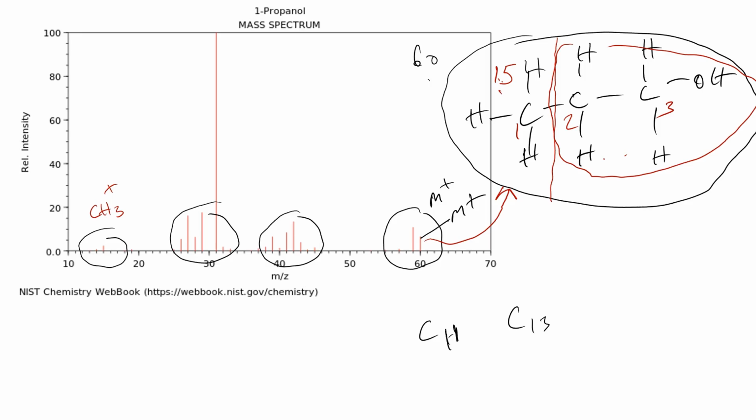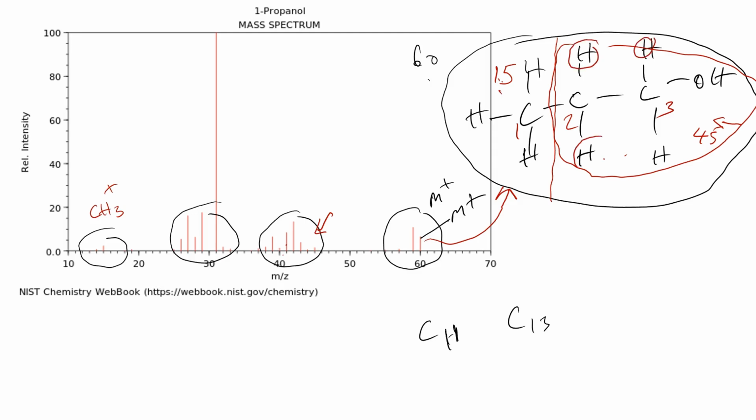Now note that during fragmentation, it's possible for the fragment to lose hydrogen during the process. When that happens, for example in this cluster here, we have the highest peak at 42. This is 40, 41, 42, and all this is 45. So it means that during the fragmentation, 3 hydrogens were lost.